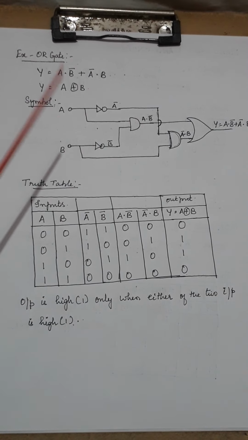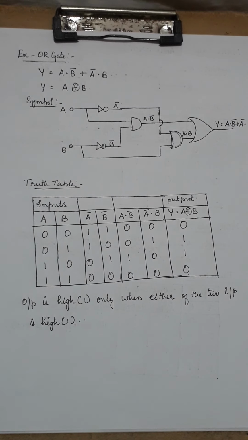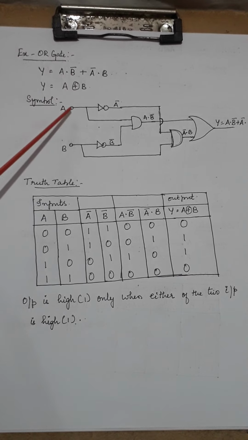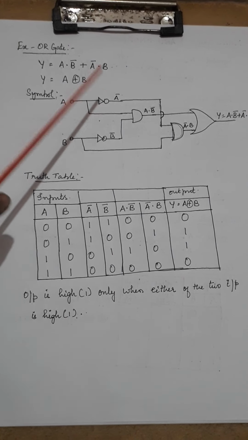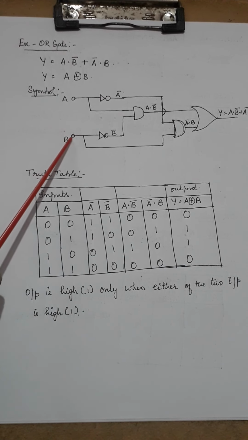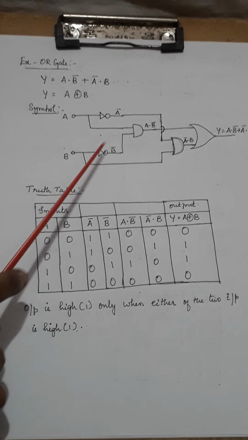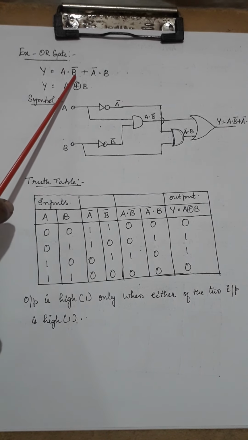The basic symbol of it is where you have A and B inputs, and this A is taken to a NOT gate, and you get A complement, and this B is given to a NOT gate, and you get B complement. But the first one is A dot B complement.